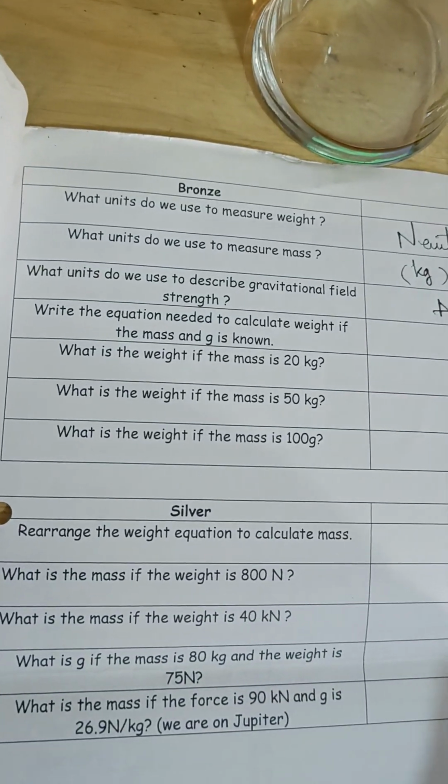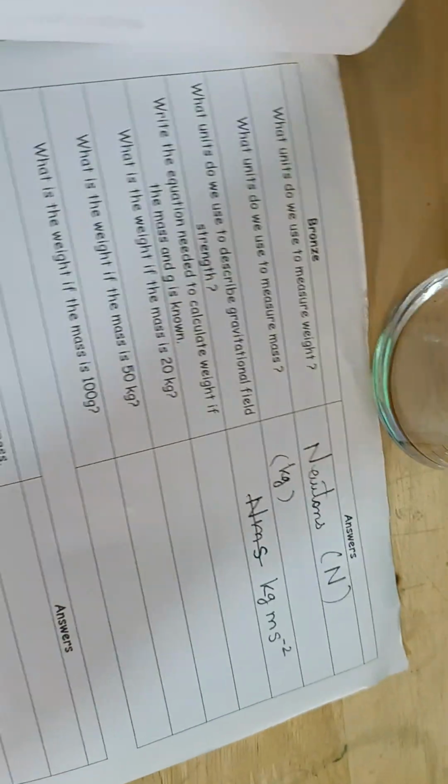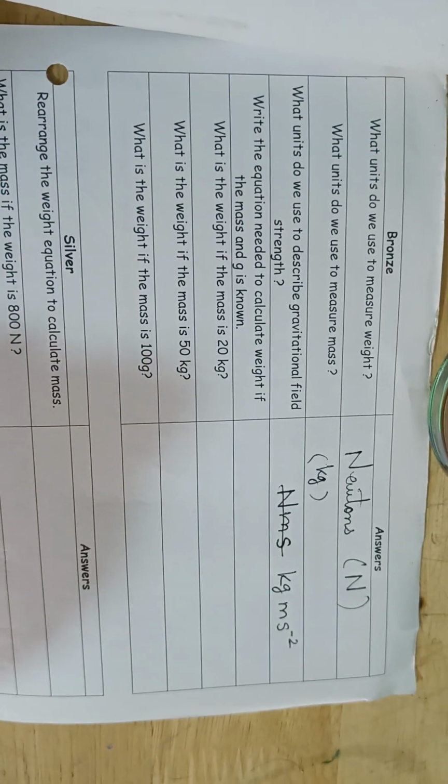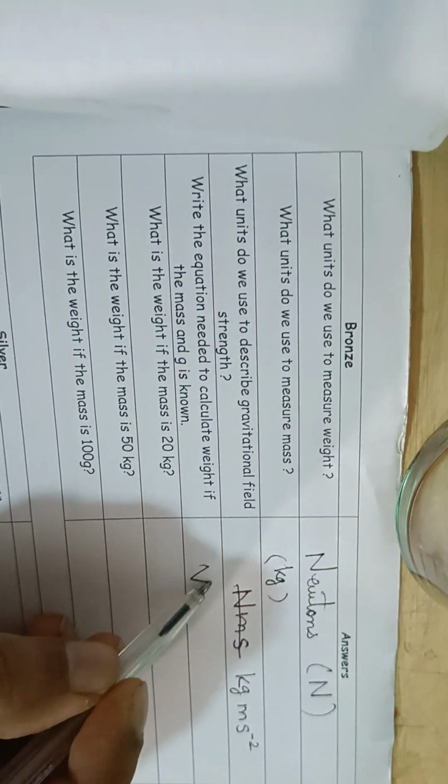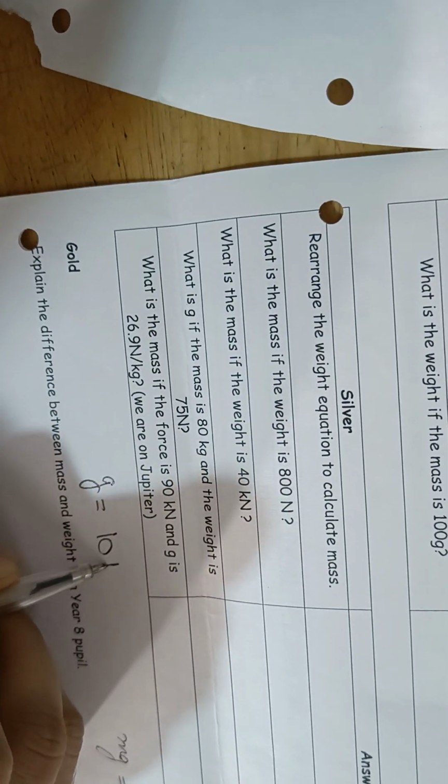For mg, it would be roundabouts, given that g is 10 newtons per kilo, so kg meters per second squared, newtons per kilo.